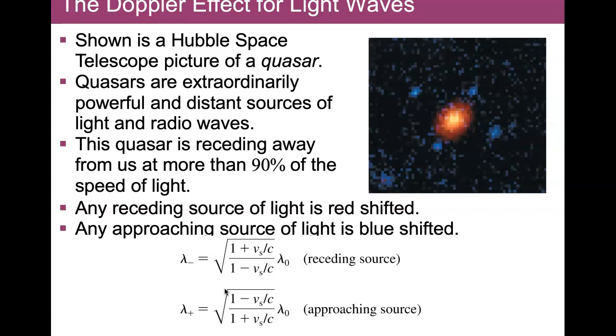So these are two expressions that we take and use in this course without proof. And for a receding source, basically the only thing that changes is that the sign of Vs changes, and that gives you a larger wavelength and a lower frequency.